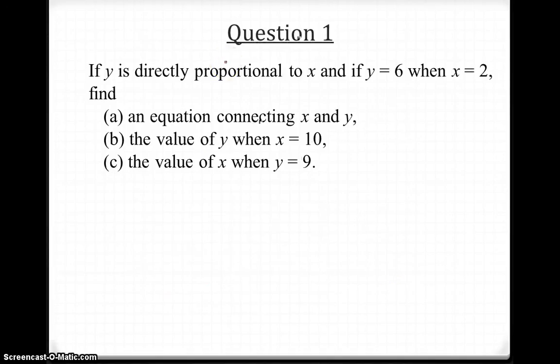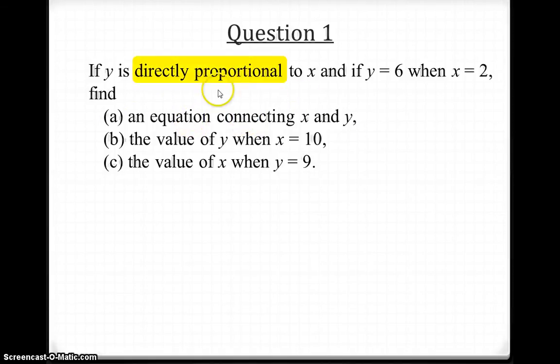Next, let's go to the formal stuff. Look at question 1. If y is directly proportional to x, and if y is equal to 6 when x is equal to 2, find an equation connecting x and y. How does the equation of a direct proportion look like?